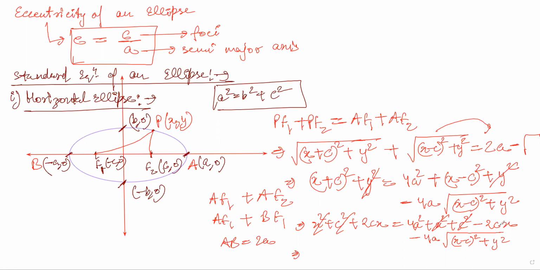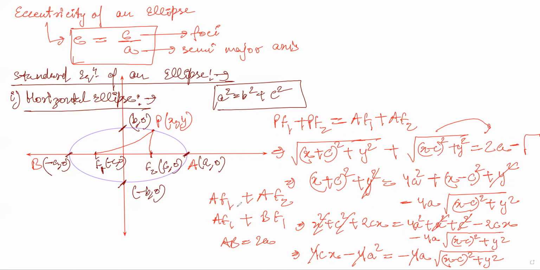This is 2cx, this is minus 2cx, so this becomes 4cx minus 4a square is equal to minus 4a into root over (x minus c) whole square plus y square. Cancel out the 4 as well.